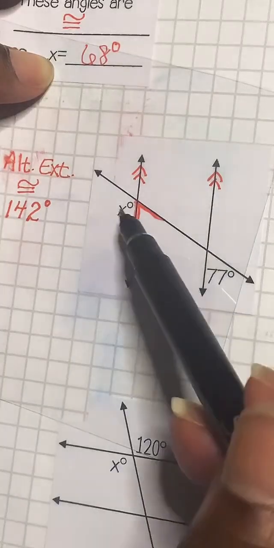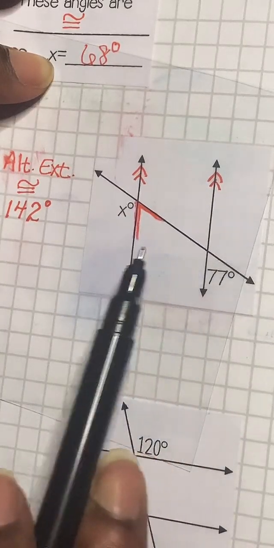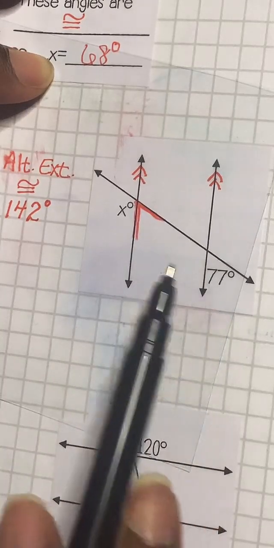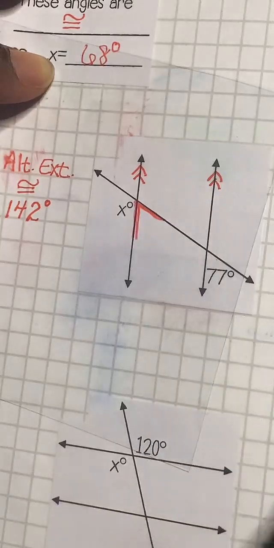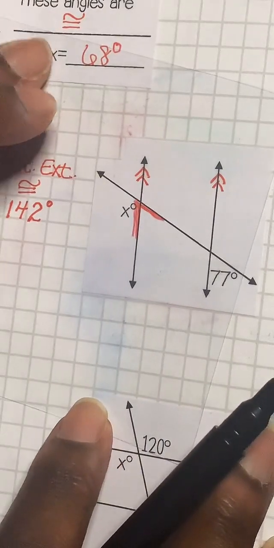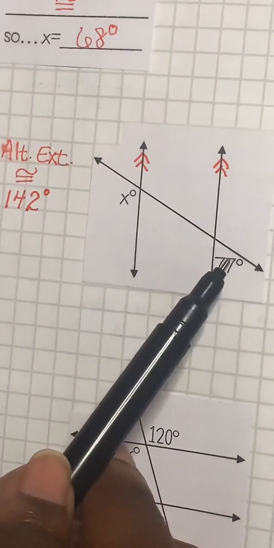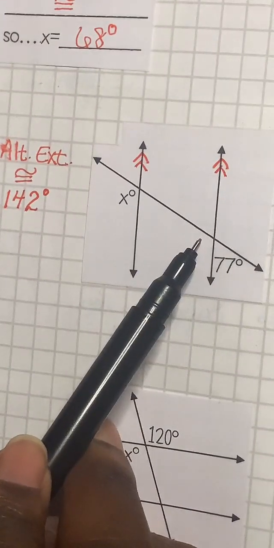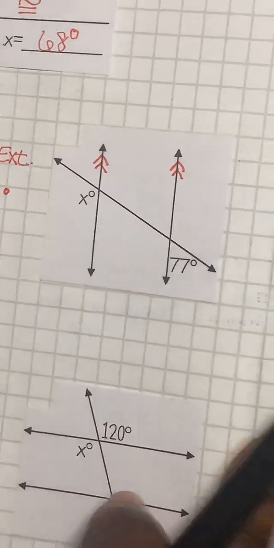Since they're on the same side, and if these are our two parallel lines, this is going to be on the outside. So this is our exterior. Okay, so yes, same side. Anytime the same side is not going to be consecutive because it's not one after the other, but they are going to be same side and exterior.